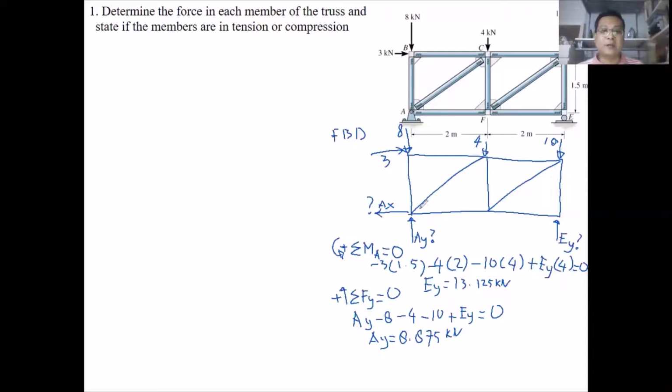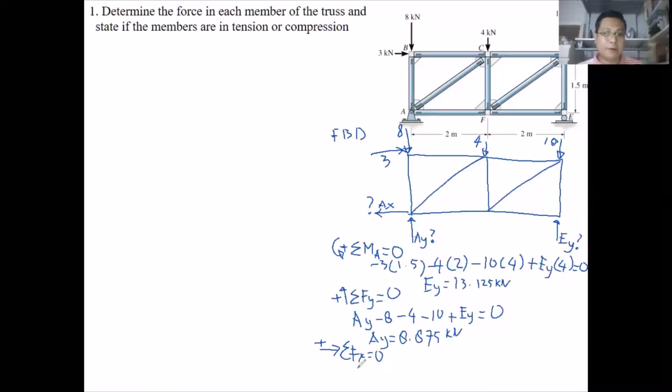Now we find the final one, for X. This means the direction is in the X direction. We consider the right side as positive, equal to 0.